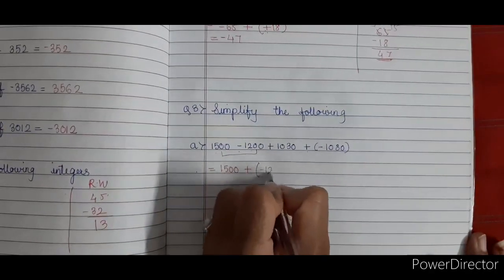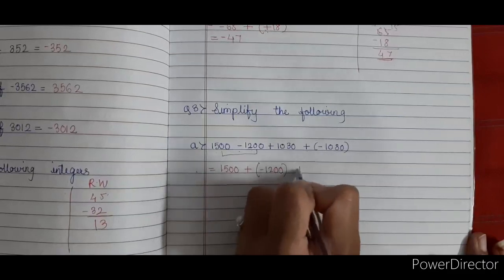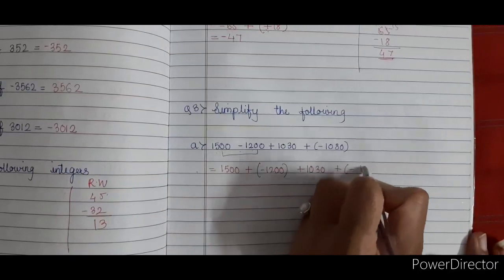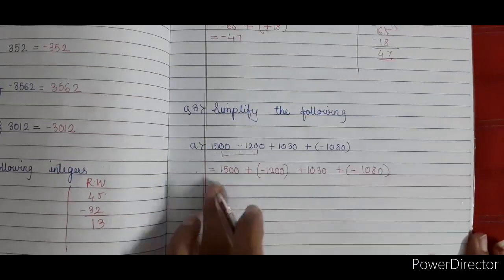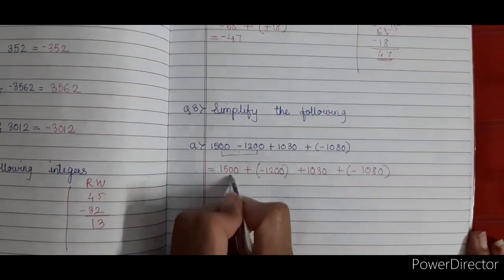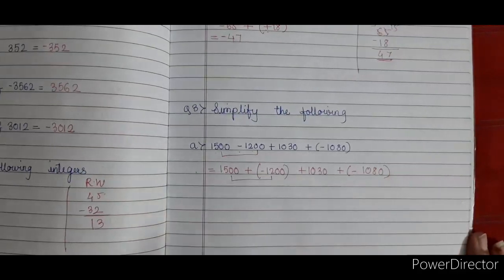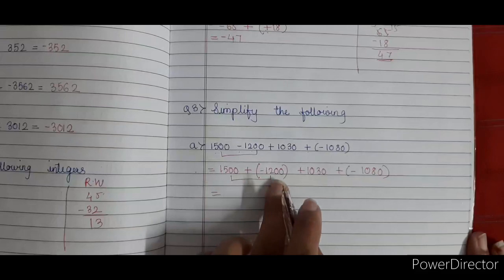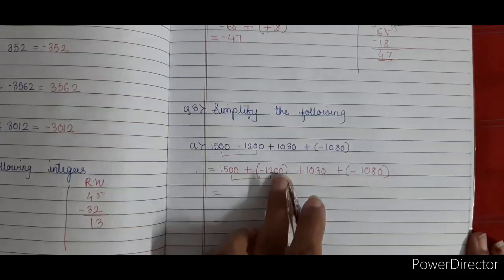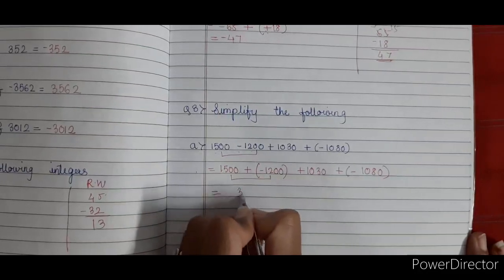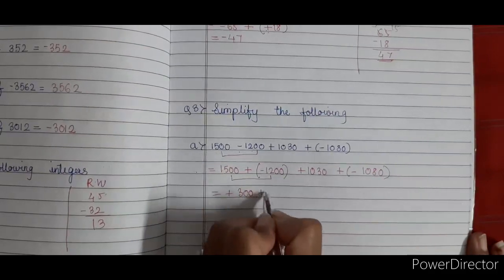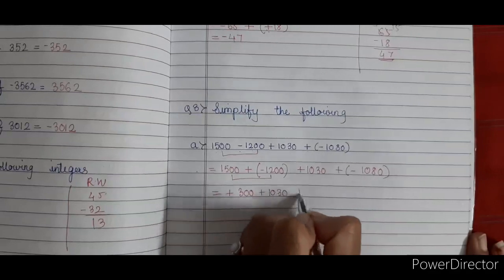It is minus 1200 plus 1030 plus minus 1080. Now I have all the additions, so I'll take 2 at a time. I'll check for the sign. Both of them have different signs, so 1500 minus 1200, it is 300, and it will be plus. I'll write the next terms as it is.